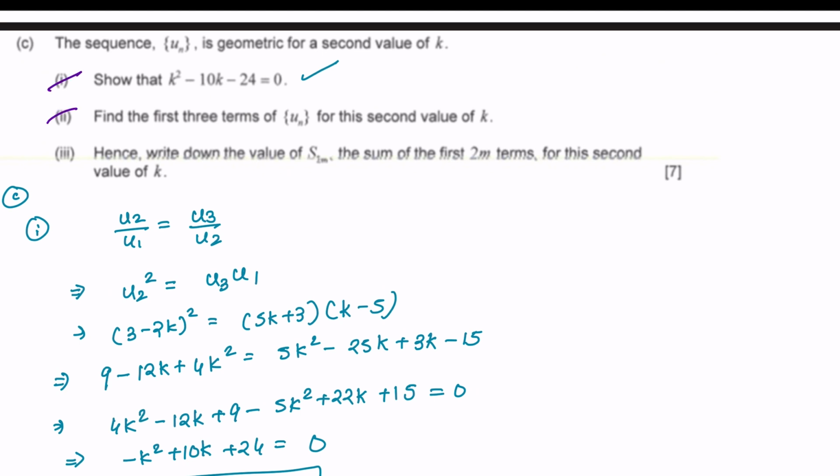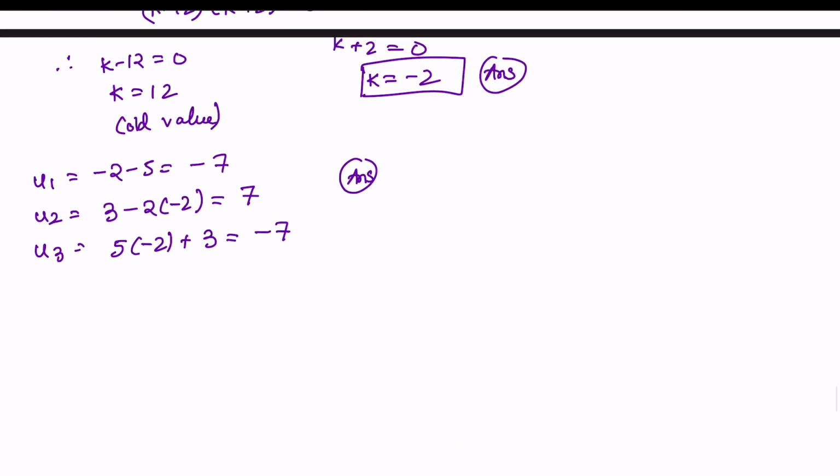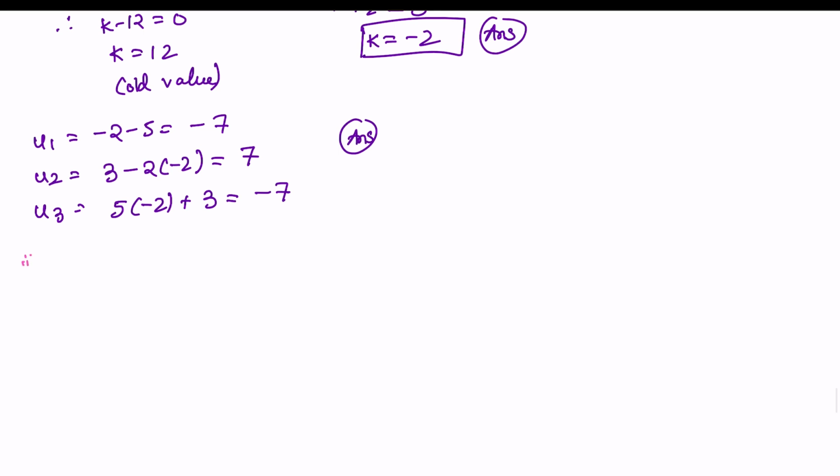Now the last one, the value of s, actually s2m. The sum of the first 2m terms for the second value of k. Fine. So here, we know that u1 is -7 and the common ratio r we can just find by u2 over u1, 7 by -7, which is -1, right?